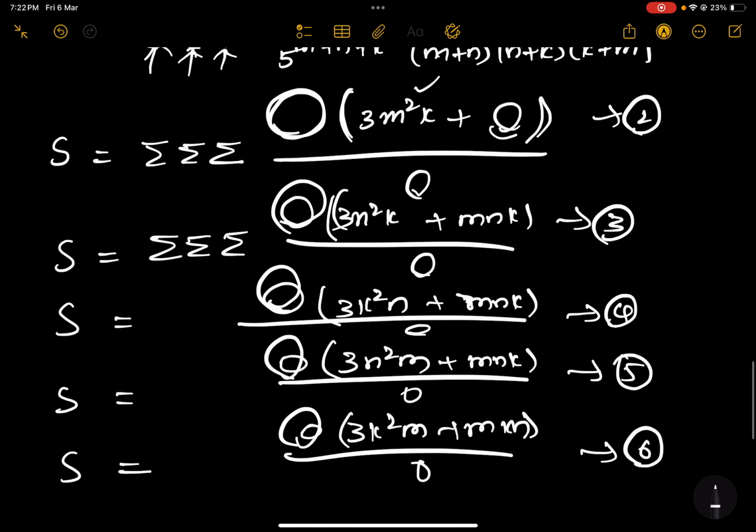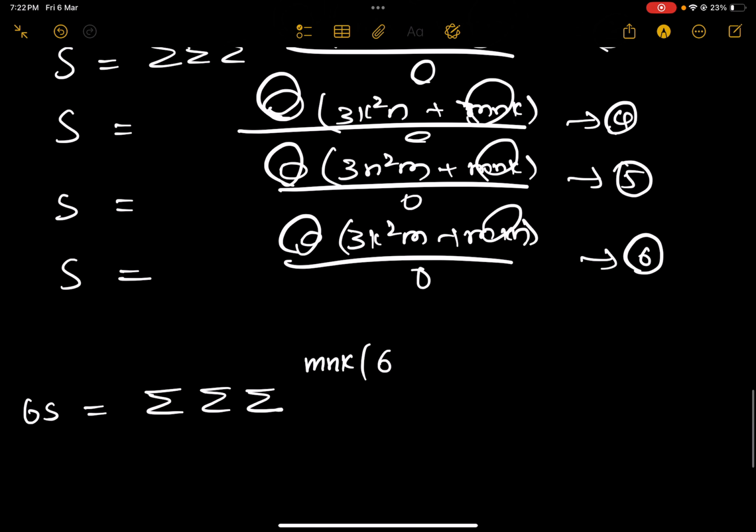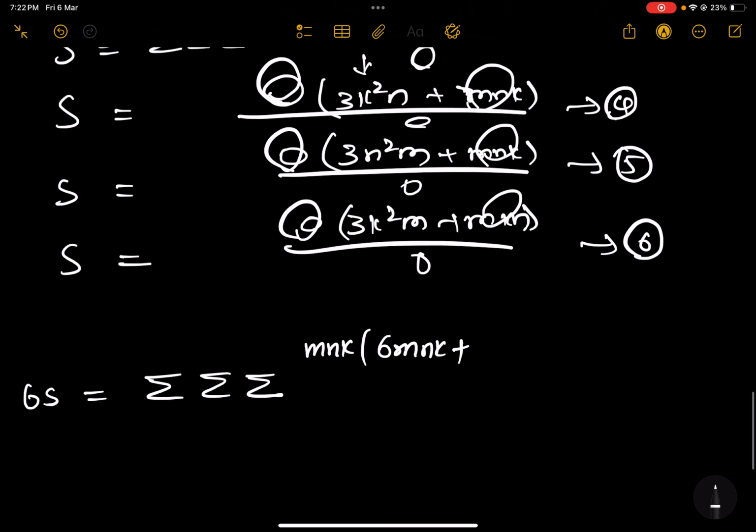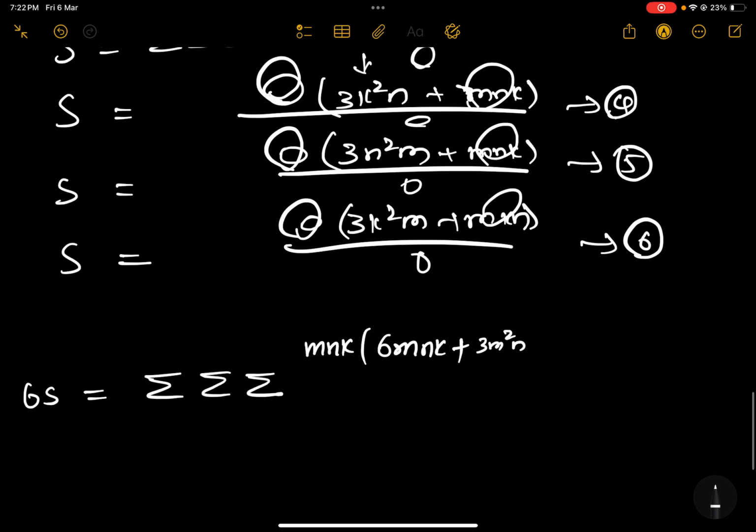All right. So this m n k, this m n k, everything will get added up, and you'll get 6 m n k plus you will get the sum of all these terms. So you'll have 3m square n plus 3m square k plus 3n square m plus 3n square k plus 3k square m plus 3k square n.